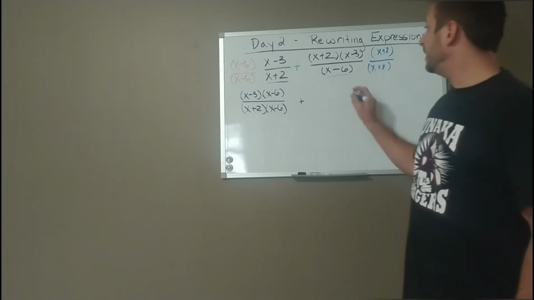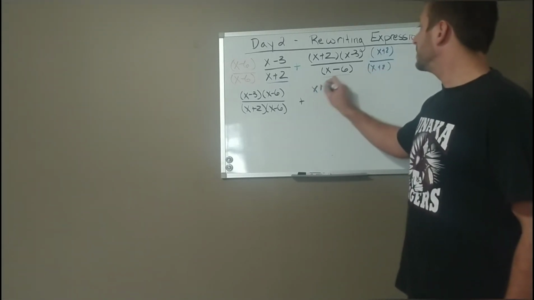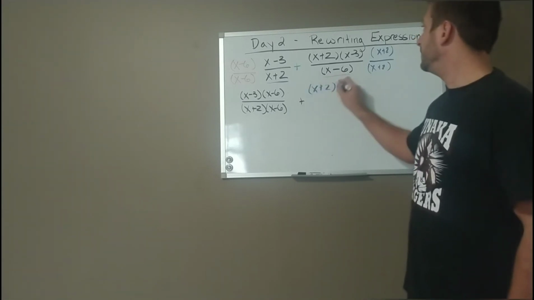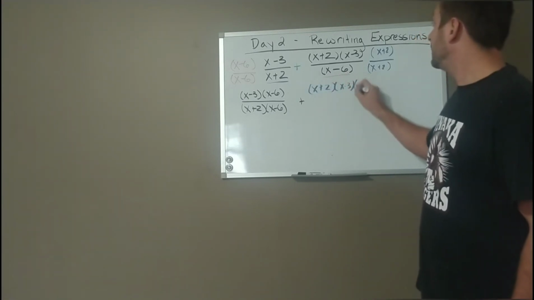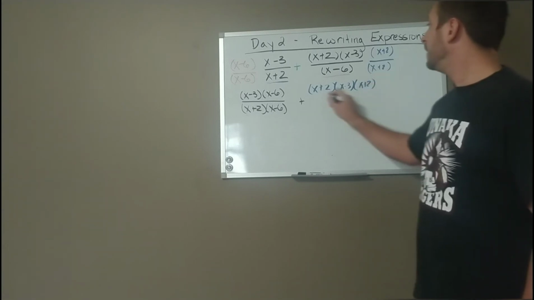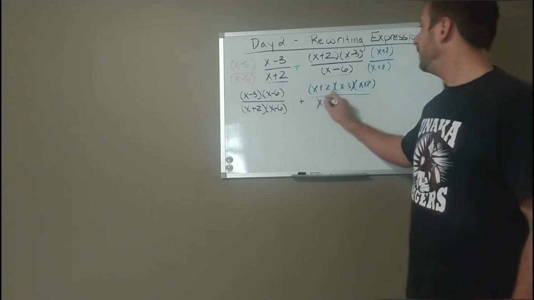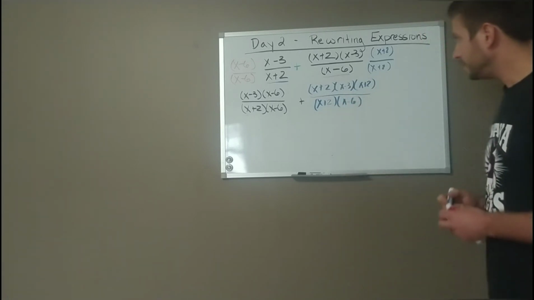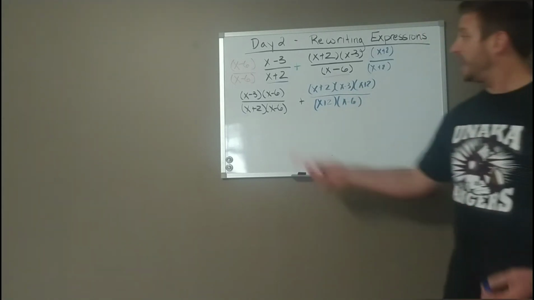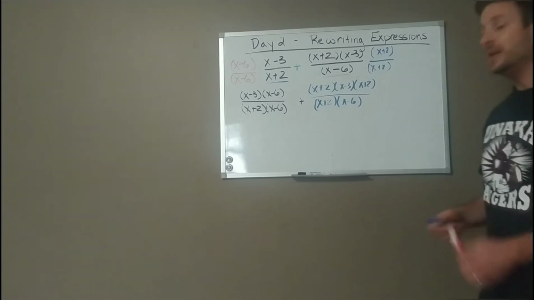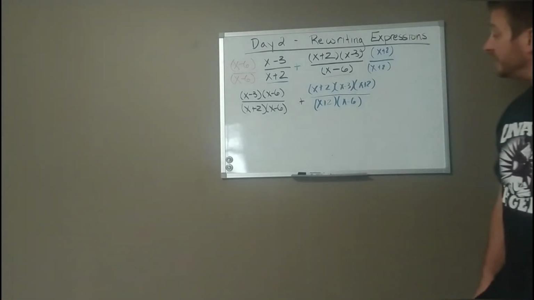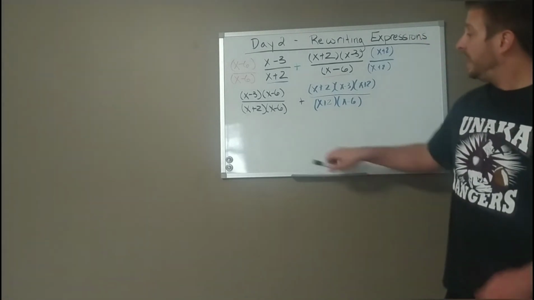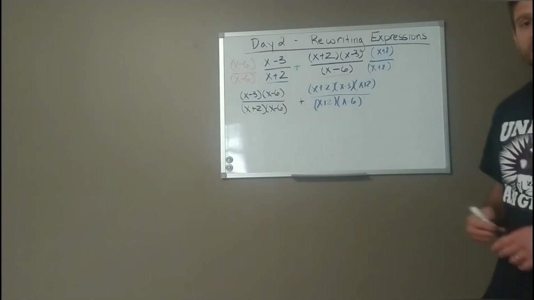So that will give us up top x plus 2 times x minus 3 times x plus 2 all over x plus 2 times x minus 6. Now, we have a common denominator, x plus 2 times x minus 6. This common denominator then allows us to actually add these fractions.